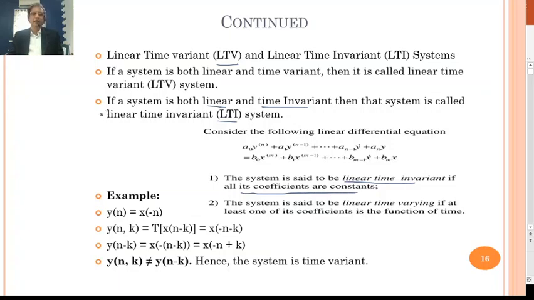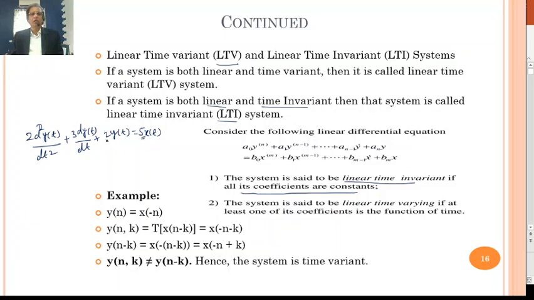For example, take this differential equation: 2 d²y(t)/dt² + 3 dy(t)/dt + 2y(t) = x(t), or 6x(t) or 5x(t), any constant.